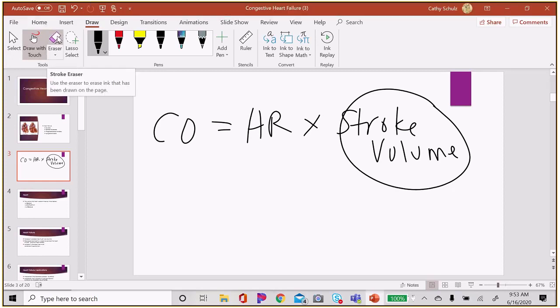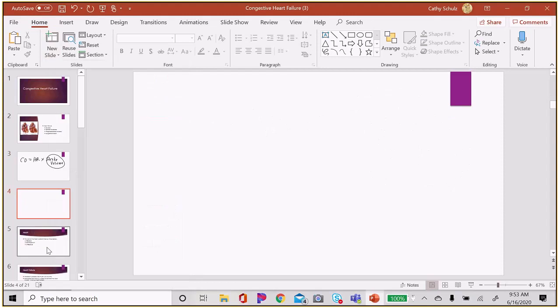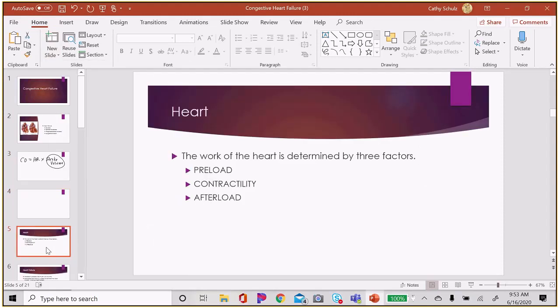And so we have to understand what determines stroke volume, and there's three parts to it that are listed here. The work of the heart is determined by the preload, contractility, and afterload, and these are our medication targets.